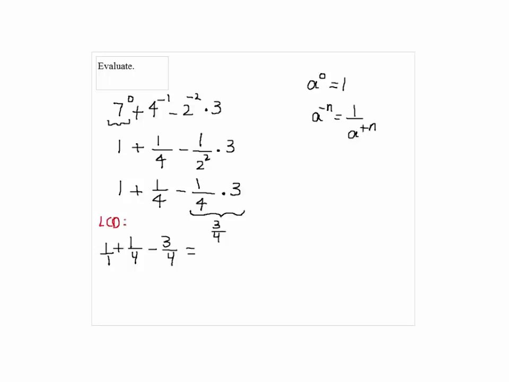So if I make all these like fractions, the LCD in this case is 4. So I have to multiply the first fraction by 4 over 4. So I would have 4 over 4 plus 1 over 4 minus 3 over 4.